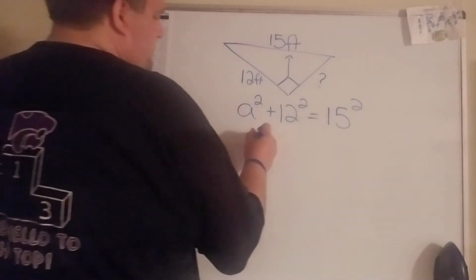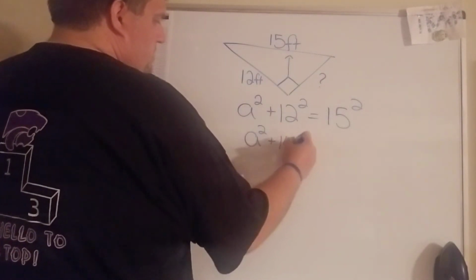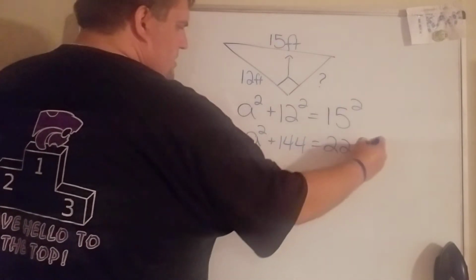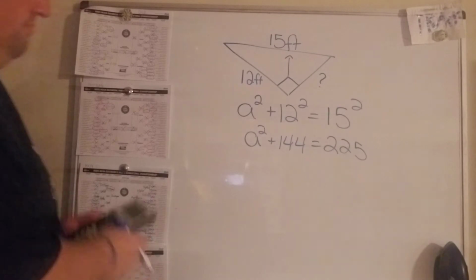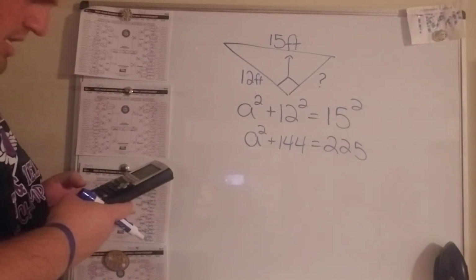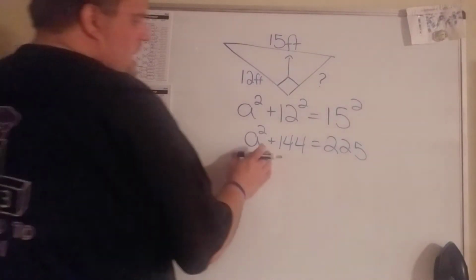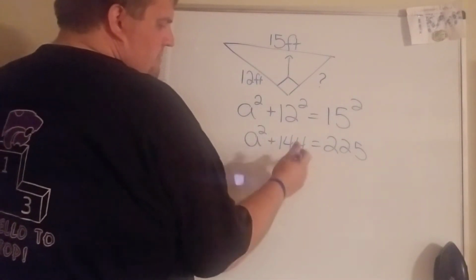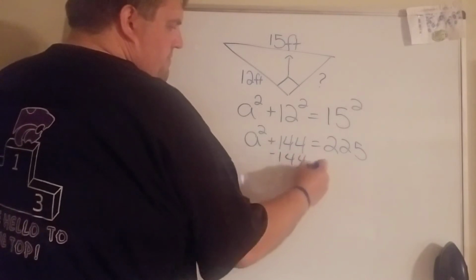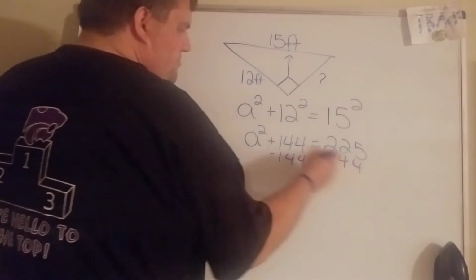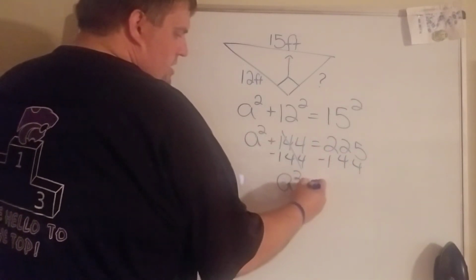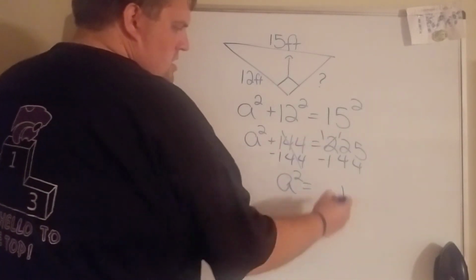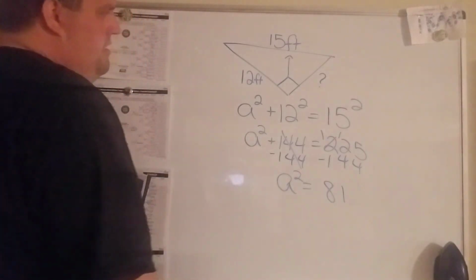Square them. a squared plus 144 equals 225. And then, again, this is the part that's a little bit different. If I want to get a by itself, we're going to subtract 144. So a squared is going to equal 81.